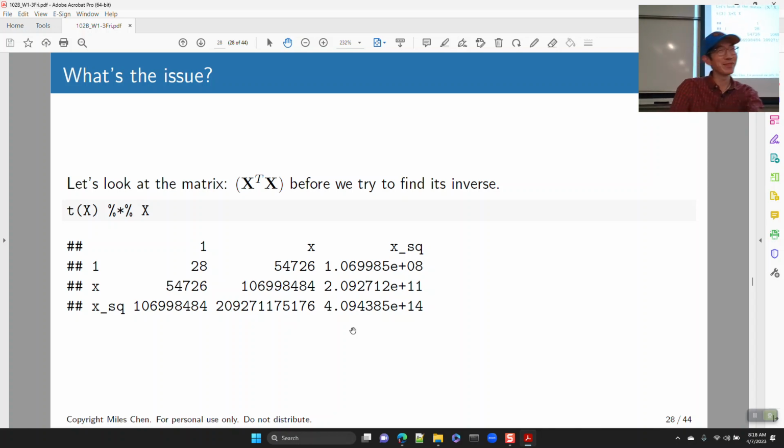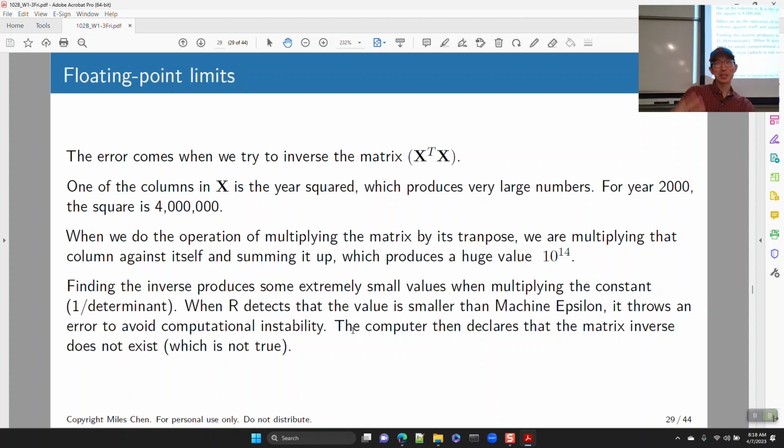It's like those sci-fi movies on Star Trek, where the keyboards start exploding under your fingers. Basically, if you take the year 2000 and square it, you get 4 million, and when you try to do the inverse operation on this really big number, we run into a computational instability.